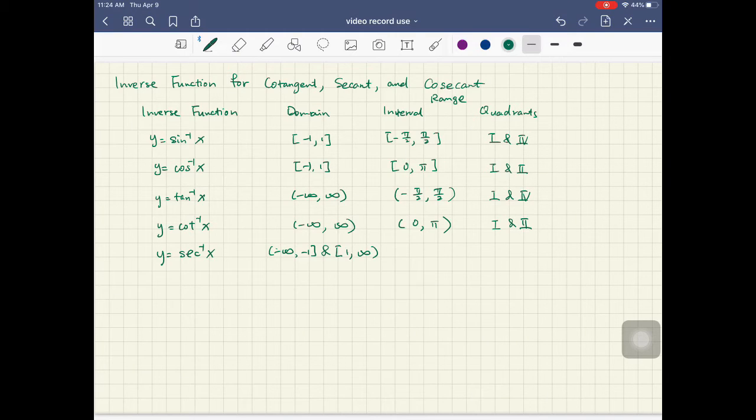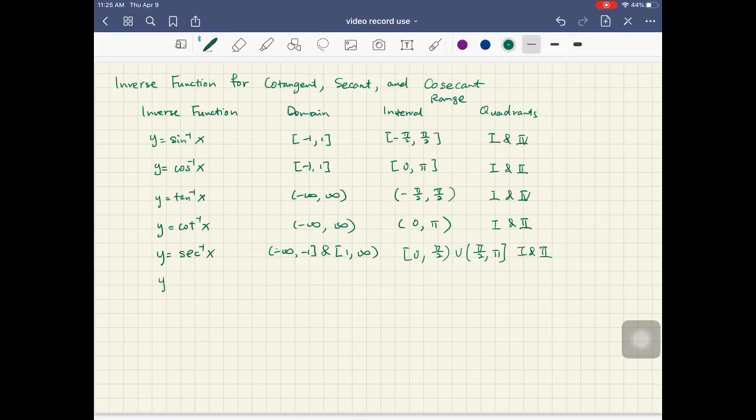The range for the interval form is going to be from 0 to pi/2, union pi/2 to pi. Because 0 and pi can be achieved, but pi/2 is the asymptote, we do not include pi/2. The quadrant version is going to be quadrant 1 and quadrant 2.